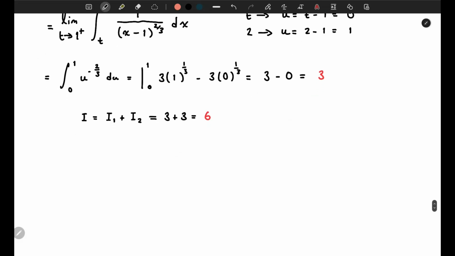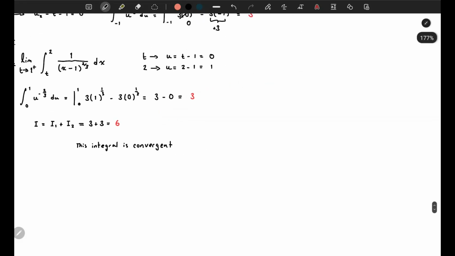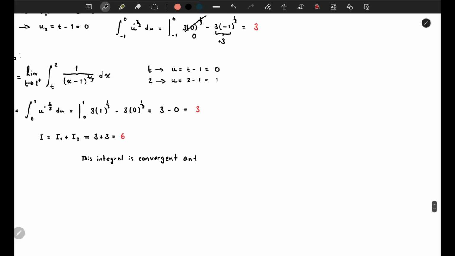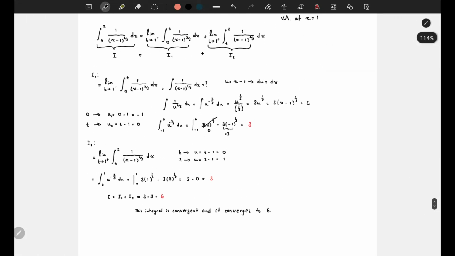So we can conclude that this integral is convergent, and it converges to 6. And there we have it for that question.